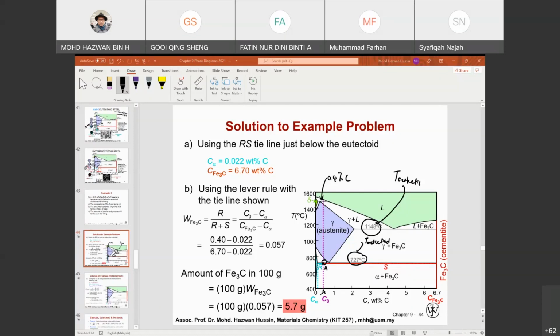Wait a moment, let me ask. Khalaf Hanafi. Oh, the name Hanafi sounds quite famous. Khalaf Hanafi, are you there? Hello. Hi Hanafi. Okay. Alright. So, what will be the phase for point A? What is it, what is its phase? Point A, as I told you earlier, is 0.4% carbon at the temperature just below the eutectoid temperature, maybe 720. So what will be the phase?